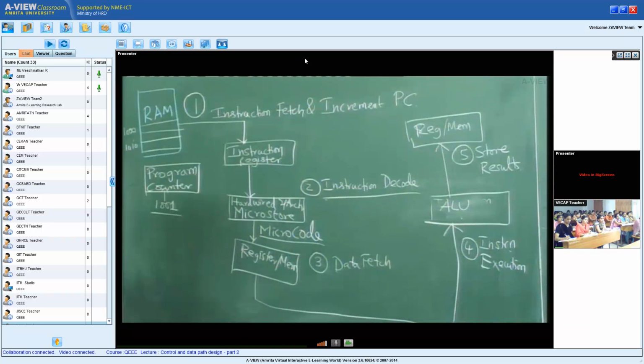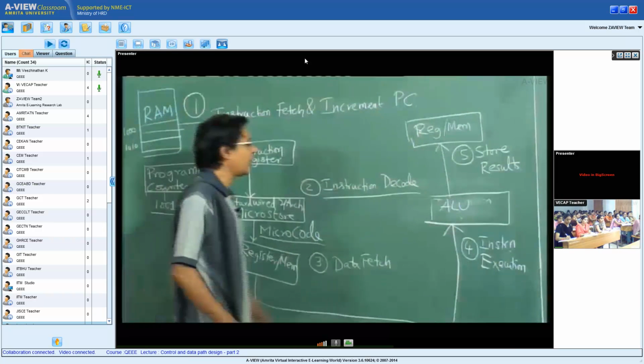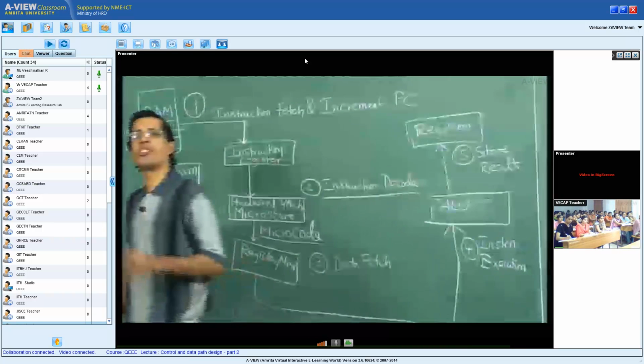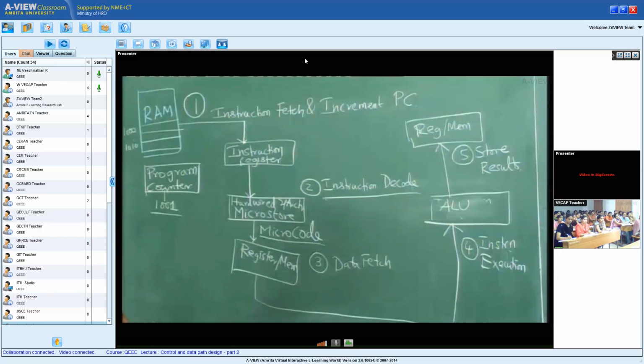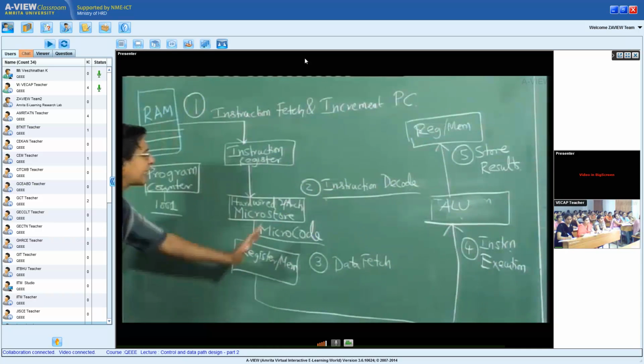So up to last class, I am sure we have covered a major portion of how this is actually implemented in the architecture, and this is the sum up of what we have done so far. So we have 5 stages in the execution of an instruction.